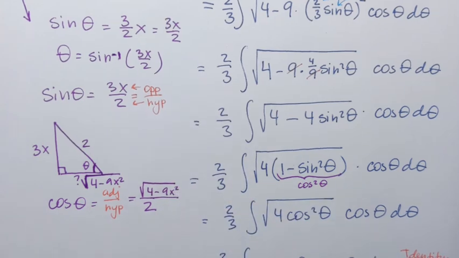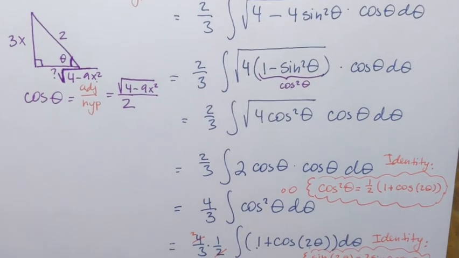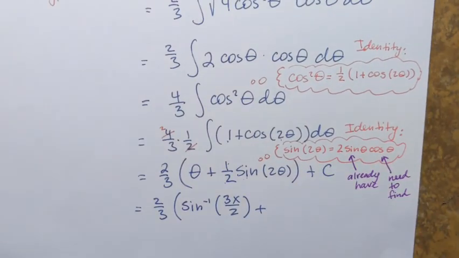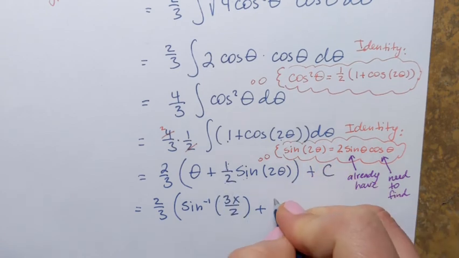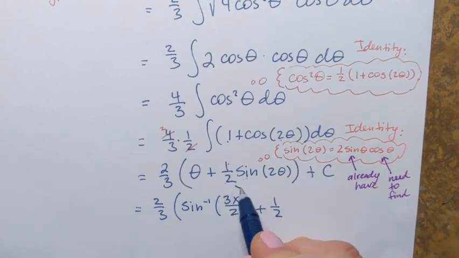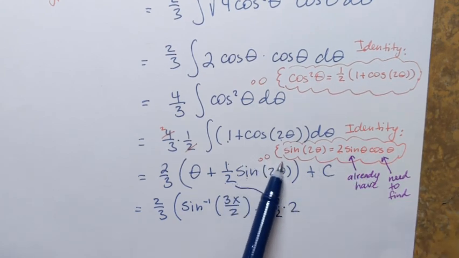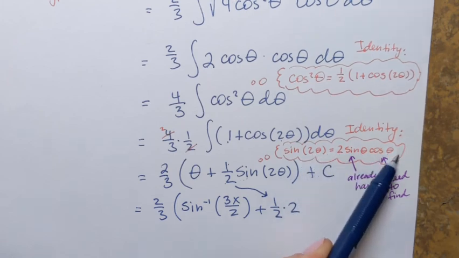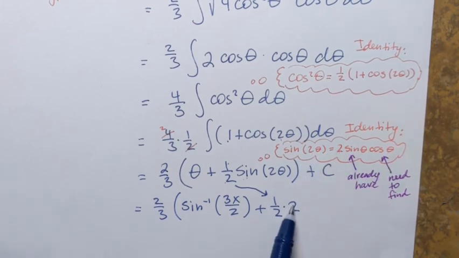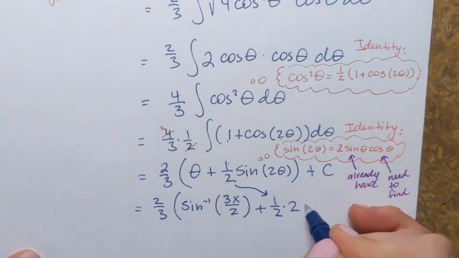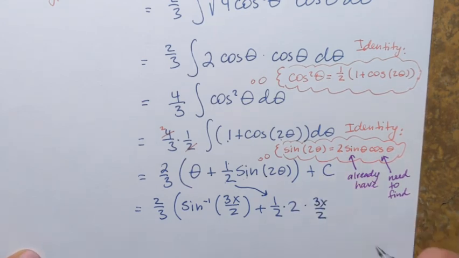Let's try to put this all together. We have to be careful. So we have 1/2 from here times 2. Now I'm rewriting sine of 2 theta, expanding it using the formula, right? 2, that's this one, times sine of theta, which is 3x over 2.